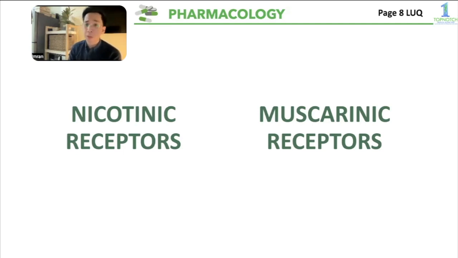Your M1 is seen primarily in your nerves, while your M2, saan nyo narinig kanina yung M2? In your heart, no? And what does it do? It causes bradycardia, correct. And your M3 receptors naman, it's seen in your exocrine glands, yung mga exocrine glands natin and the different organs that were mentioned a while ago.